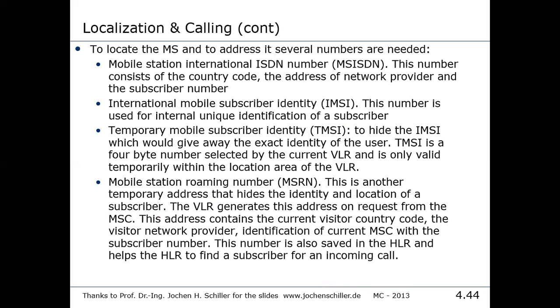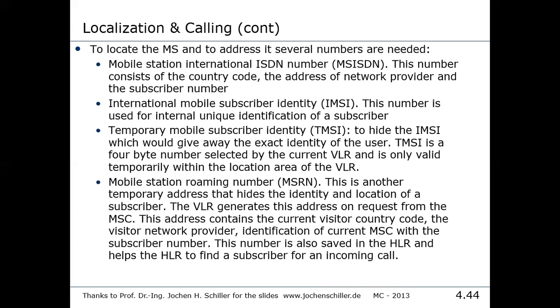It is an internal unique identification of the subscriber. Then we have TMSI, Temporary Mobile Subscriber Identity, to hide the IMSI, which would give away the exact identity of the user. We use TMSI instead, which is a 4-byte number selected by the current VLR and is valid only temporarily for that particular location of the VLR.